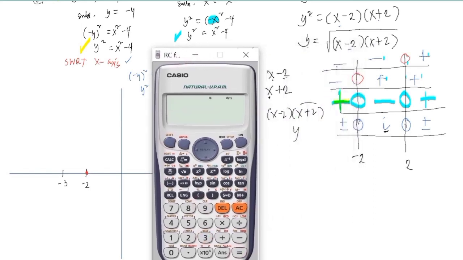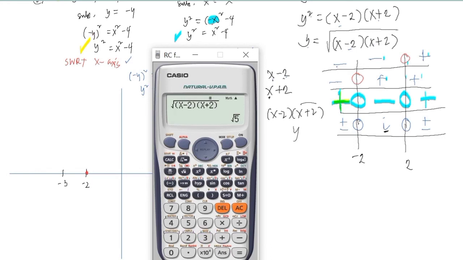So, i-type in natin yung equation. Mag-calc lang tayo. So, square root of x minus 2 and x plus 2. Or pwede nyo naman gamitin yung x squared minus 4. No? So, calc negative 3.